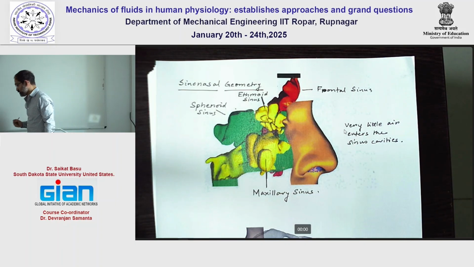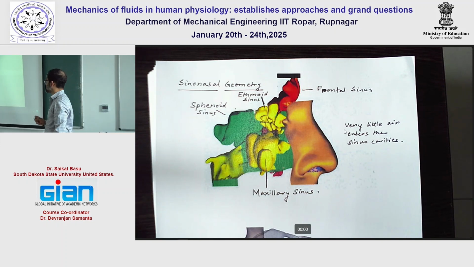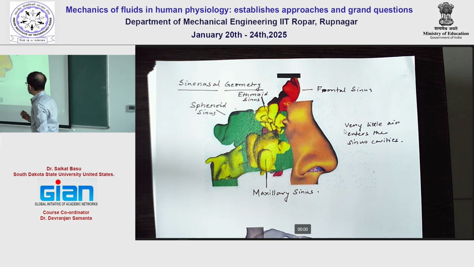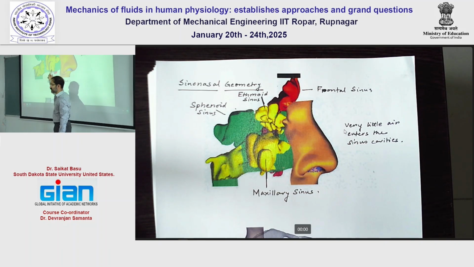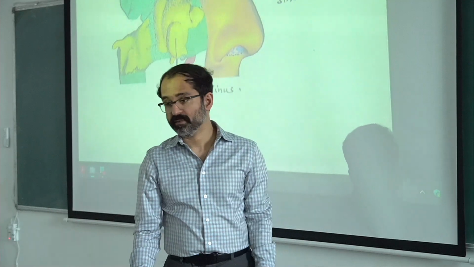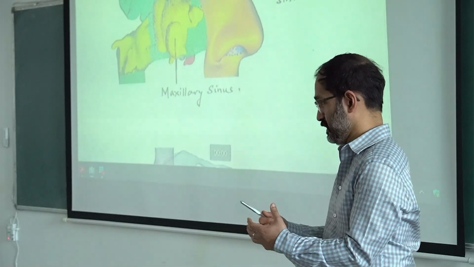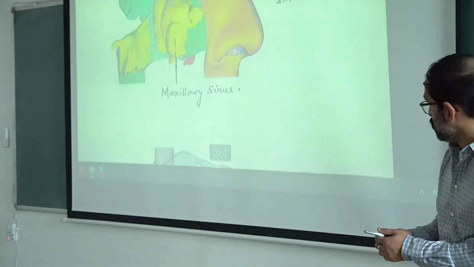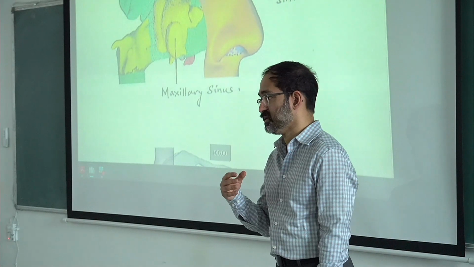Which, by the way, let me mention one more thing over here. For any healthy subject, very little air would enter these cavities. The biggest cavity over here are these maxillary sinuses. For some people, that entry of air into the sinus cavity is even less than in any other healthy subject, and as a result they might need some kind of surgical correction.